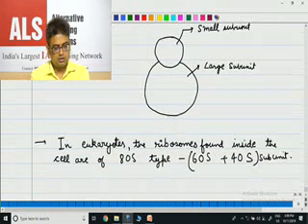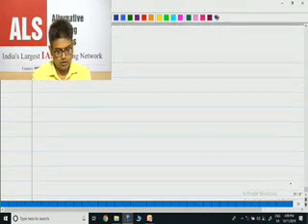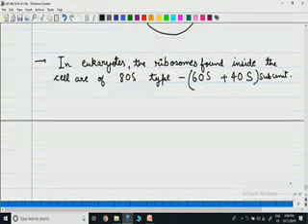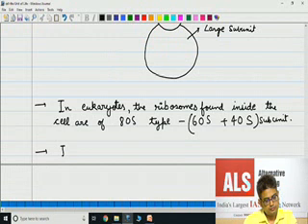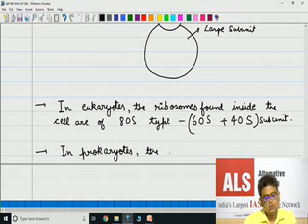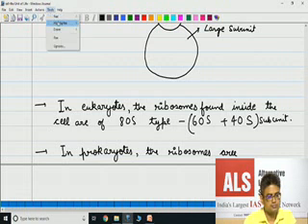All right. And in the case of prokaryotes, the ribosomes are of 70S type.